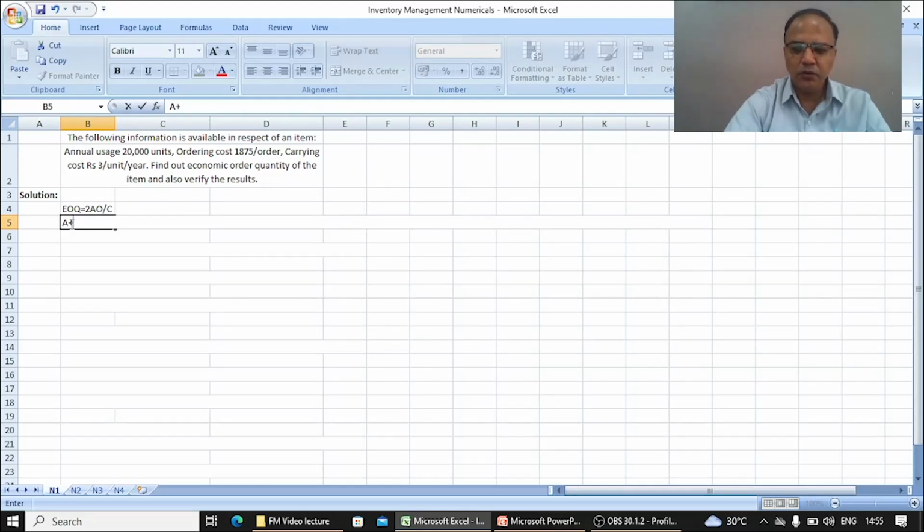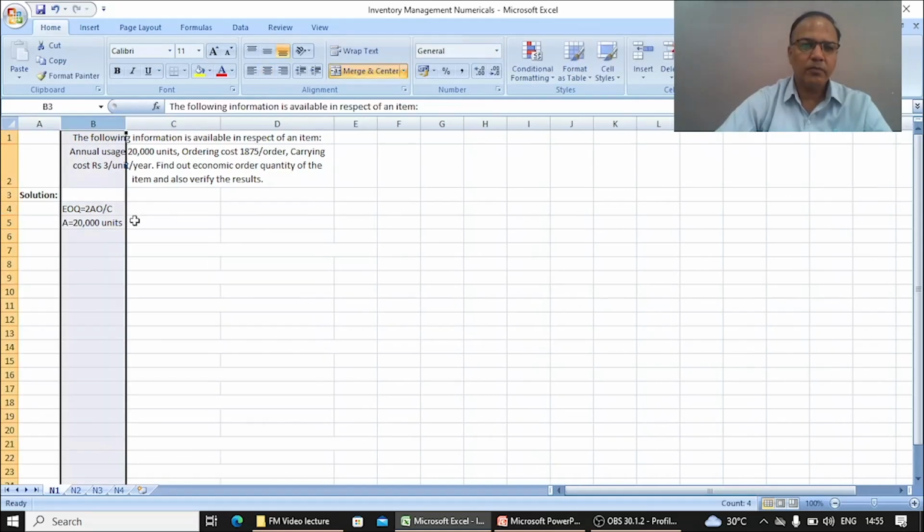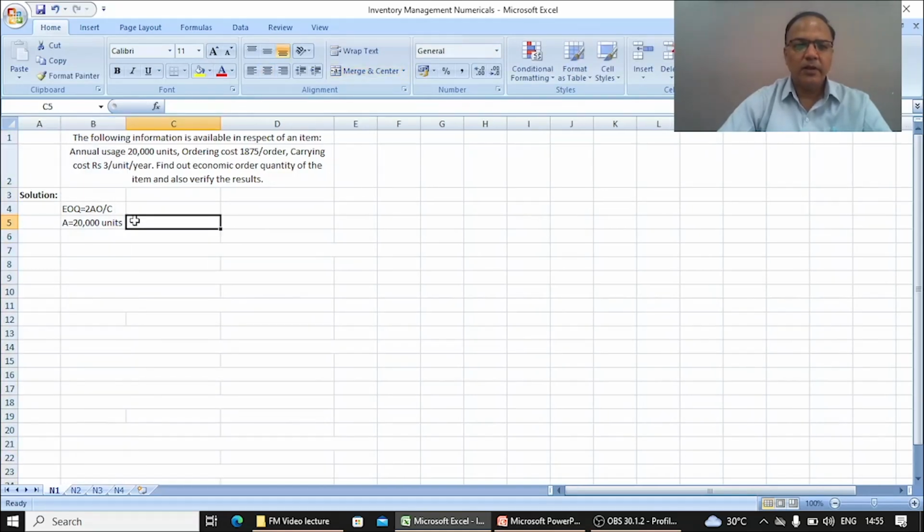A is equal to 20,000 units. O is equal to ordering cost. So O is equal to 1875 per order.